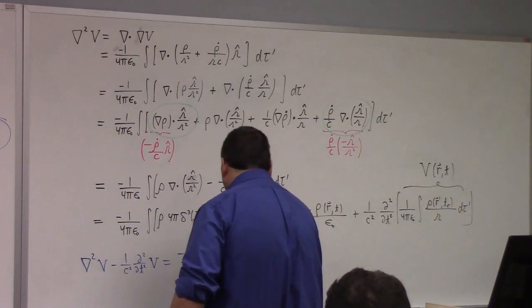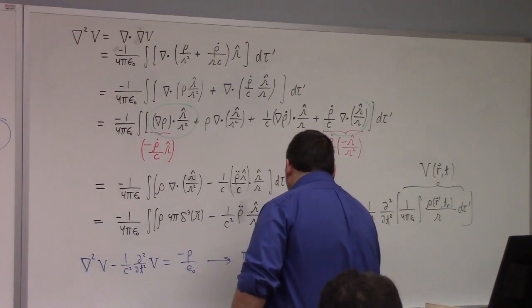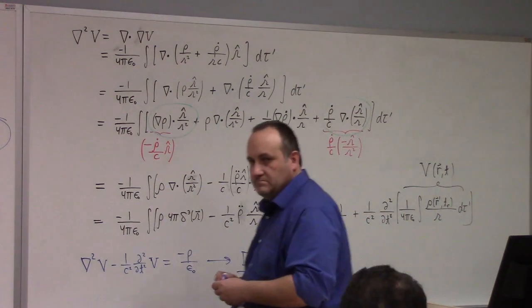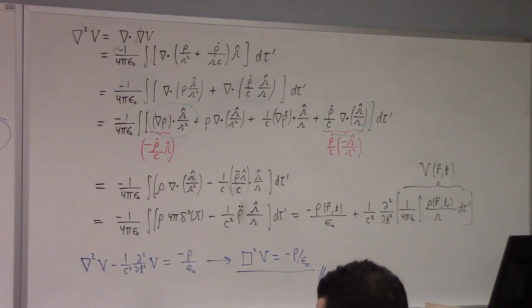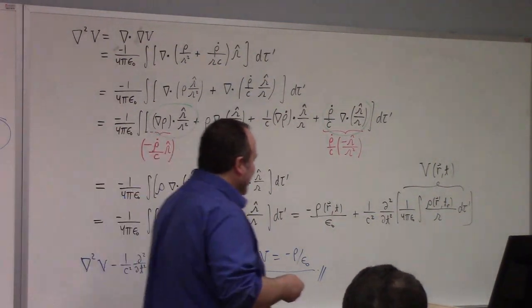In other words, box squared V is equal to minus rho over epsilon naught, which is exactly what we set out to prove here. Eh? I mean, wow, it's so cool.